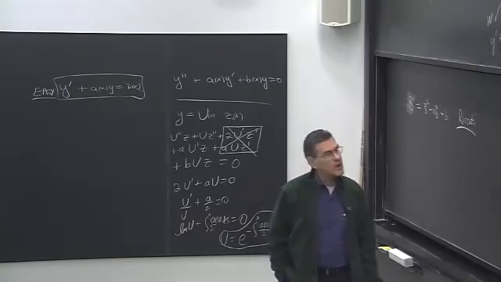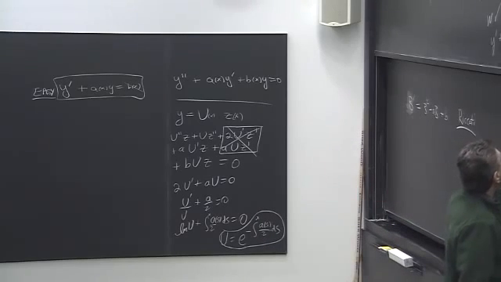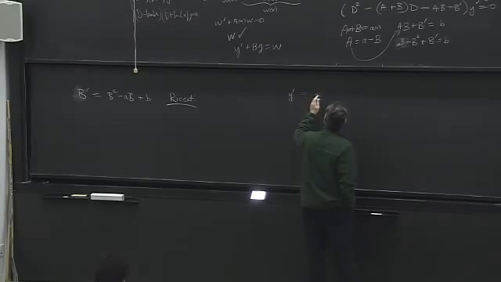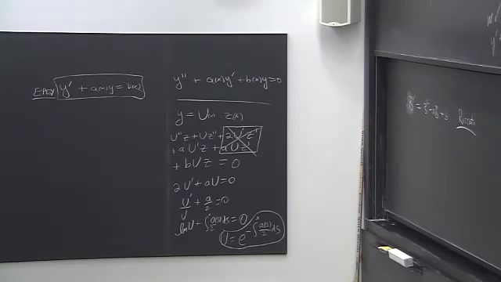How do you solve a Riccati? Let me just say in general, how do we solve a Riccati equation? Suppose you had an equation of the form y prime is say alpha y squared plus beta y plus gamma. Just a general Riccati equation.